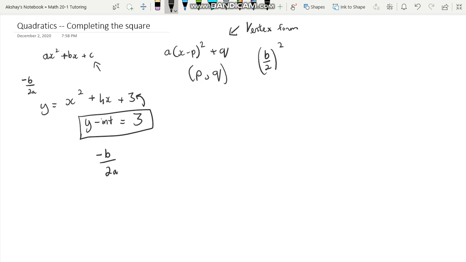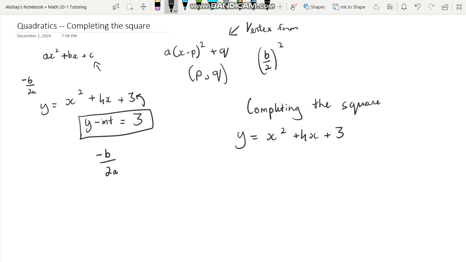The other way we're going to be talking about today is called completing the square. Completing the square is another way of how we go from standard form to vertex form. So let's take our example that we have here, which is y is equal to x squared plus 4x plus 3.